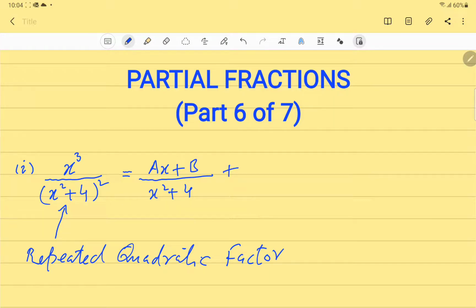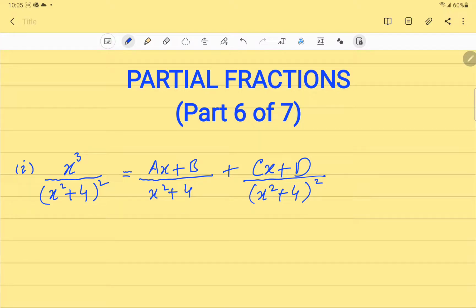Since it is a repeated quadratic factor, we have to write one more factor on the same pattern, like cx plus d over x squared plus 4 whole squared. So this is how we will form the partial fractions.